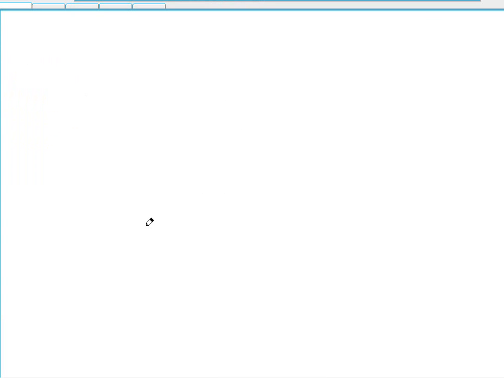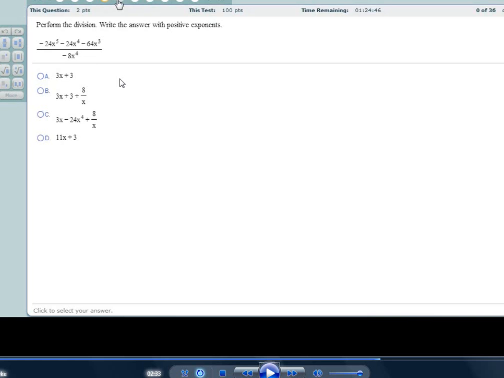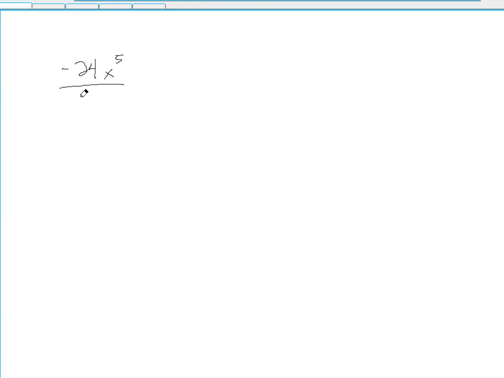Okay, so when we do that, the first one here is negative 24x to the 5th, and we'll put that over that single-termed denominator of negative 8x to the 4th. Then it's subtract from that 24x to the 4th over the same denominator, negative 8x to the 4th.